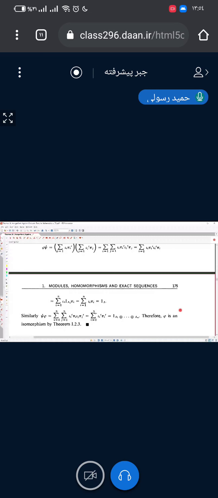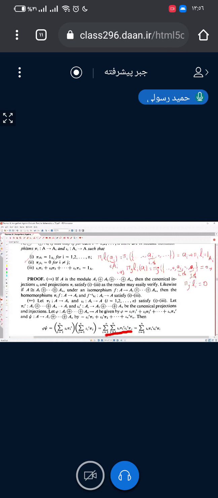Let phi from A_1 to A_n to A be given by phi equals L_1 p'_1 plus L_2 p'_2 plus dots plus L_n p'_n, and psi from A to this direction by L'_1 p_1 plus L'_2 p_2 plus dots plus L'_n p_n. Then phi psi equals this sum composed with this sum, which is equal to this one by the distributivity property. We can write this formula in this form.